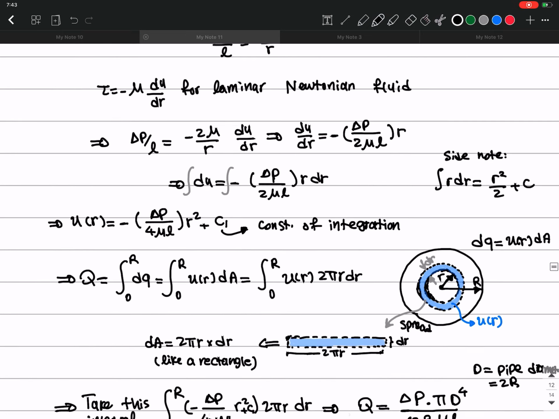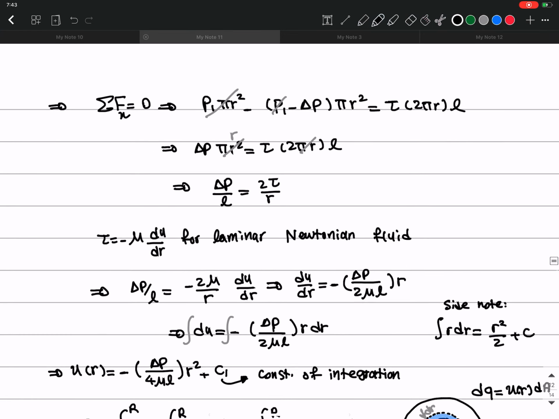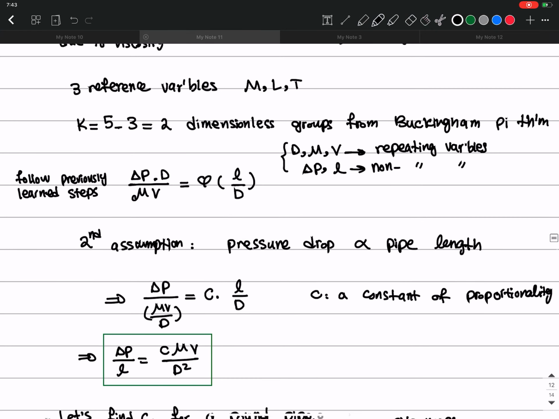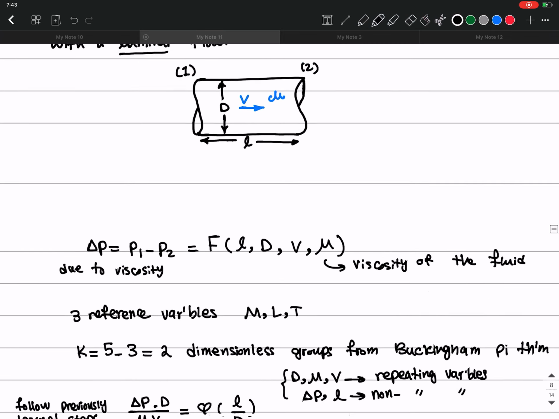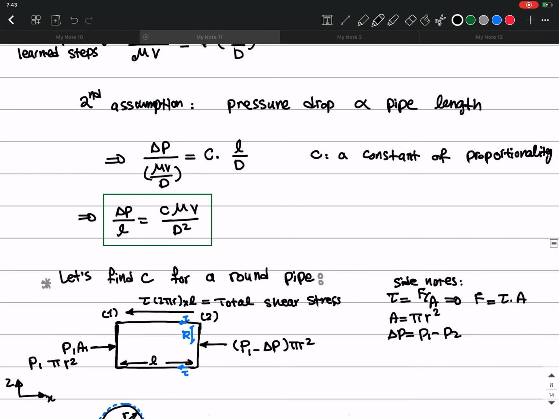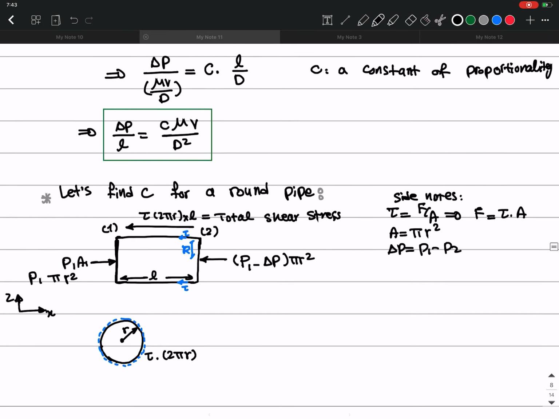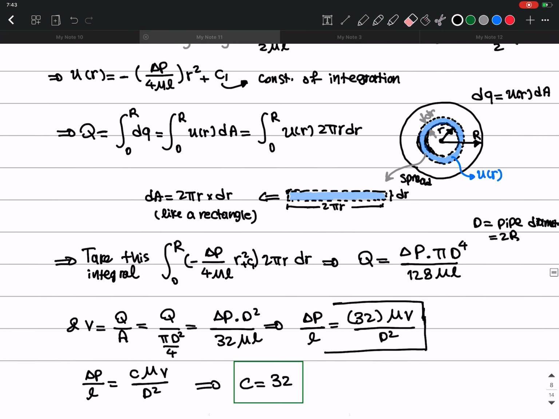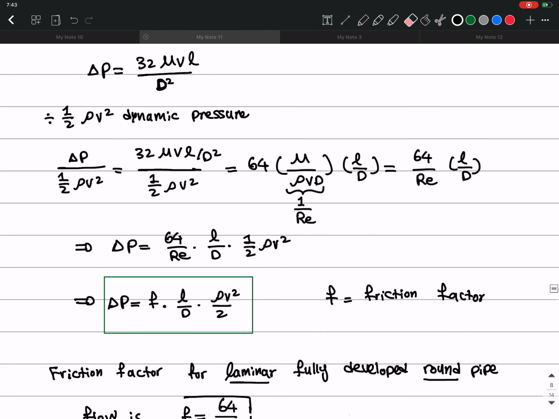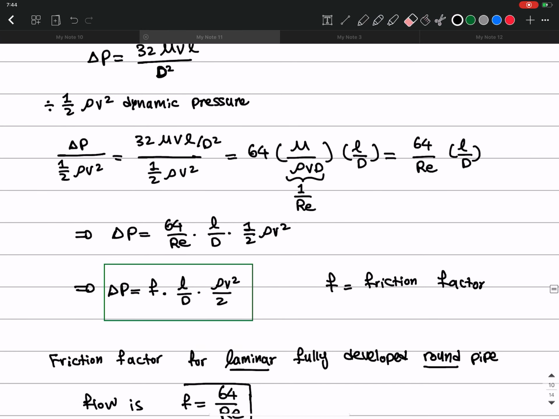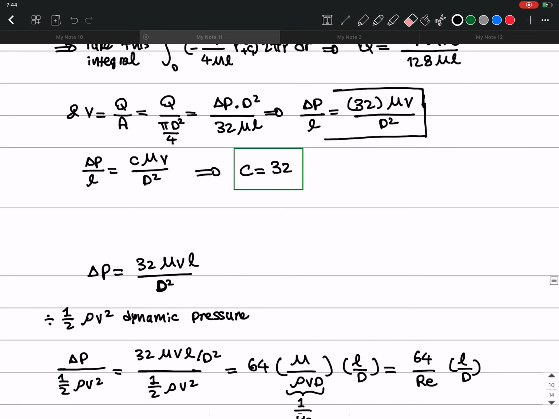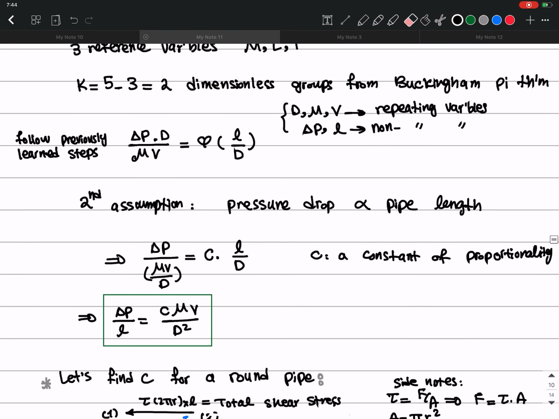Previously, if you remember, we only had this L over D, right?